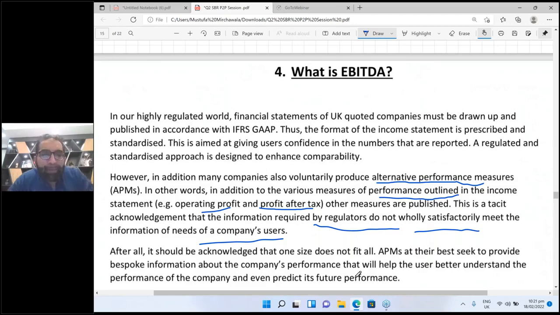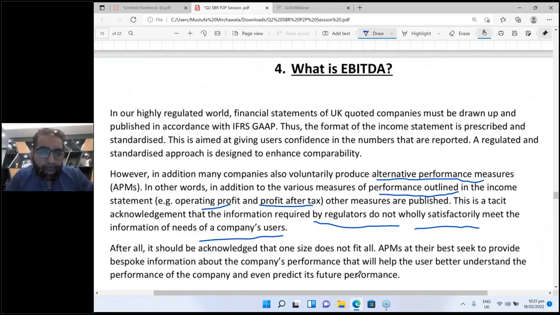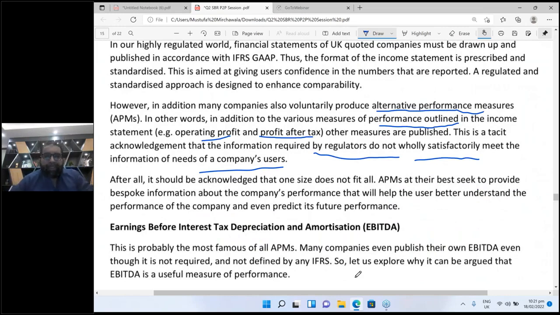Now, after all, it should be acknowledged that one size does not fit all. IFRS standard numbers are not okay for everybody, right? APMs at their best seek to provide bespoke information about the companies. Bespoke software, have you ever heard? There is ready-made standardized software which you buy from the market, and sometimes you make your own software from a software house.